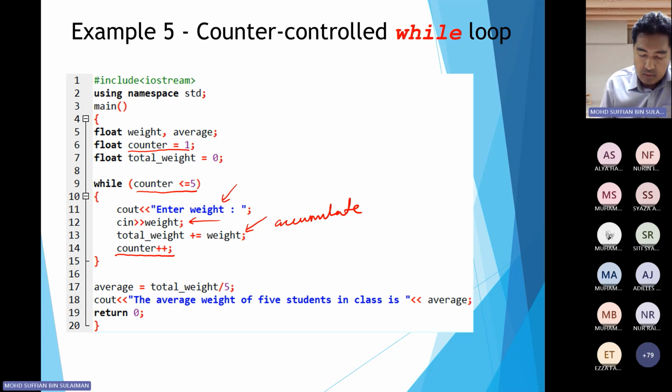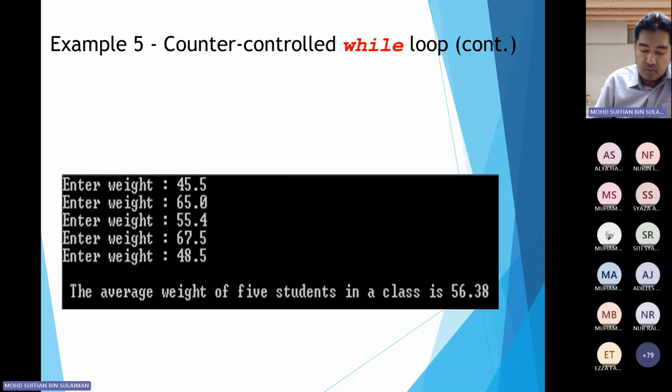The loop will stop when the counter is more than 5. Then we exit the loop and execute this statement, divide by 5, and the average weight of 5 students in the class is the average. So this is the output.